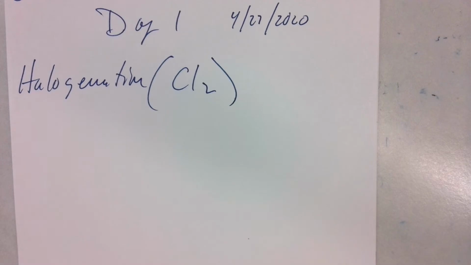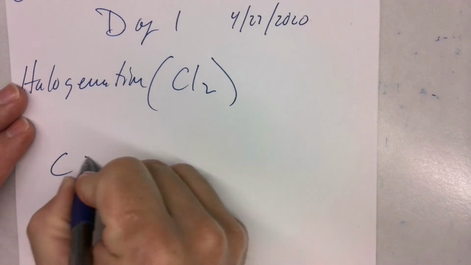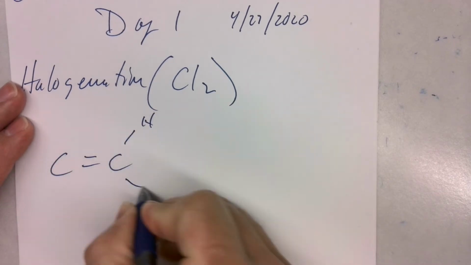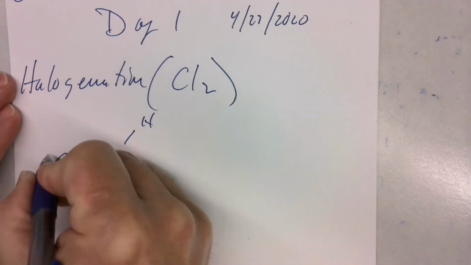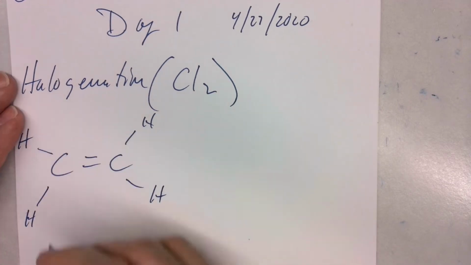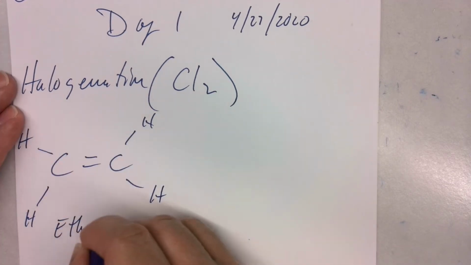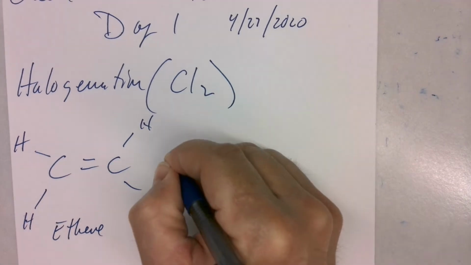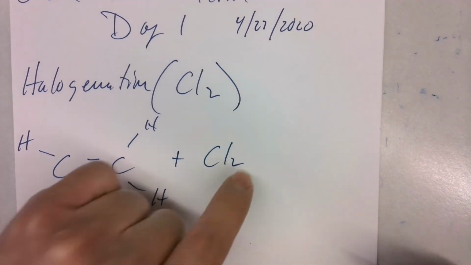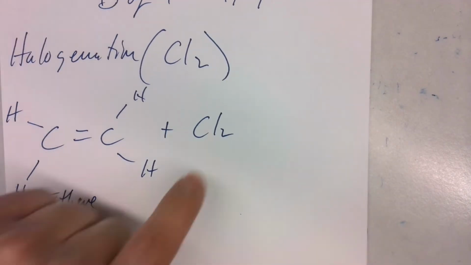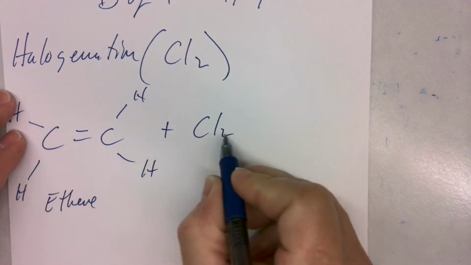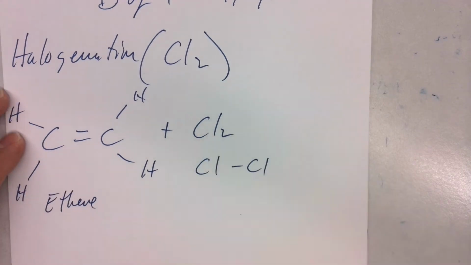What happens is if it is just a regular alkene. So if I had this, this would be ethene, right? And I add Cl2 to that. Remember, when it's like this, it is really Cl bonded to Cl.